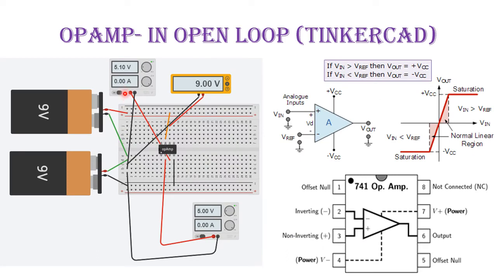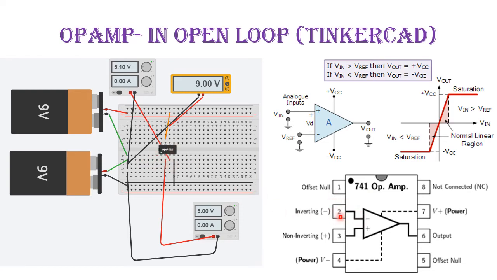Let's see the demonstration in TINKERCAD. This is the picture from TINKERCAD. What we are going to do in TINKERCAD is the open loop operation of the operational amplifier. For that you should know the pin details of this IC741. We are going to use this IC741 operational amplifier for the demonstration.